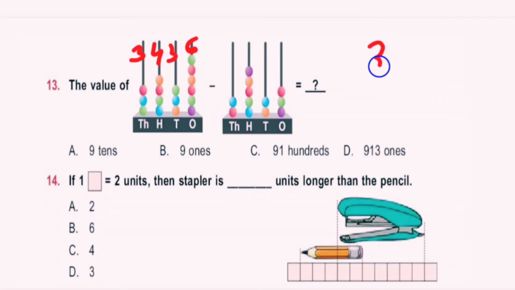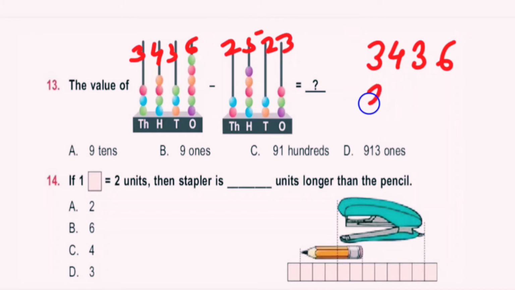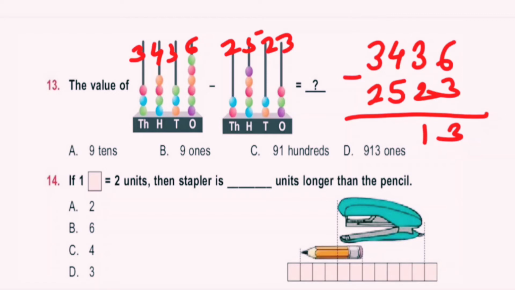First abacus showing 3436, and second abacus here 2000, then 500, here 2 tens and 3 ones, 2523, and their difference is 6 minus 3 is 3, 3 minus 2 is 1, 4 minus 5, here we take 14, 14 minus 5 is 9, and here 2 minus 2 is 0. So answer is 9131. D is right answer.